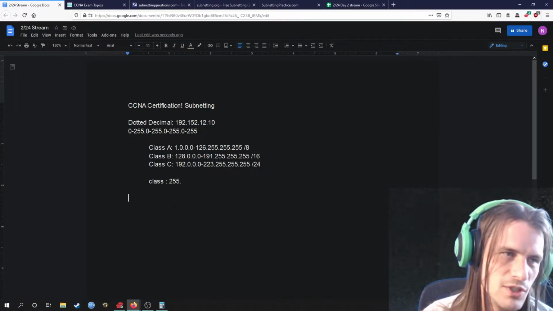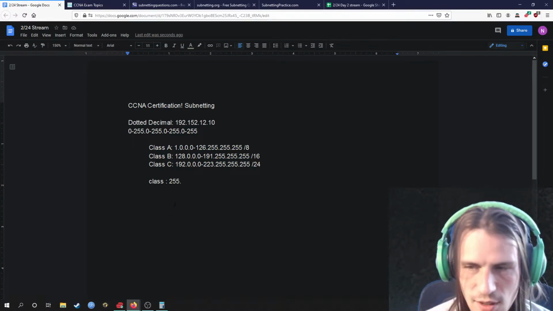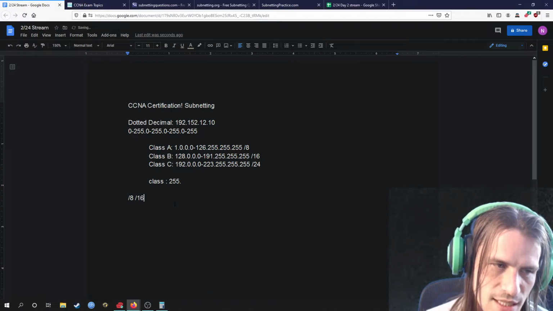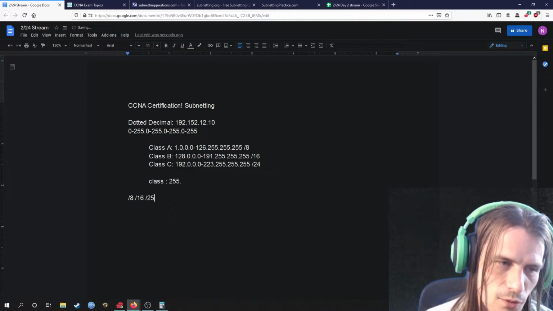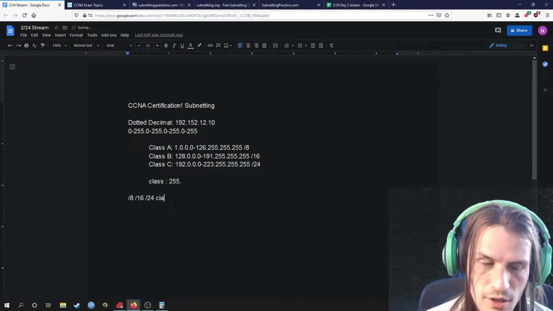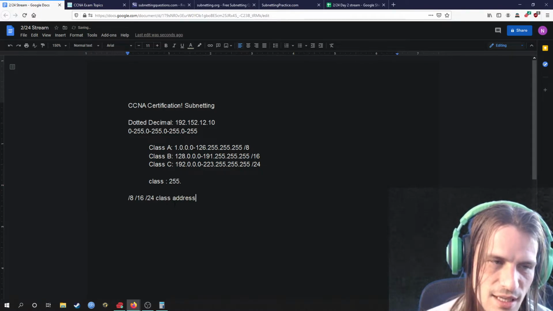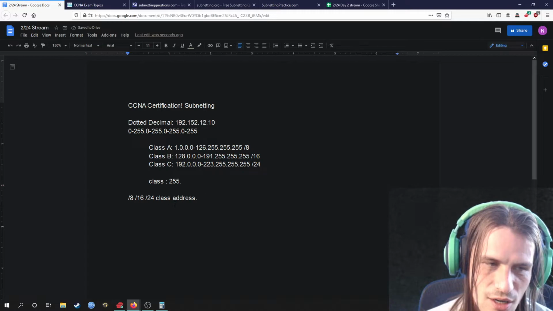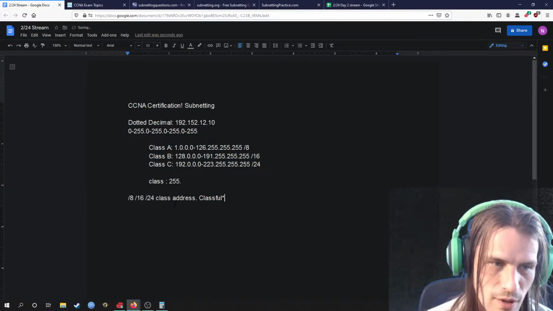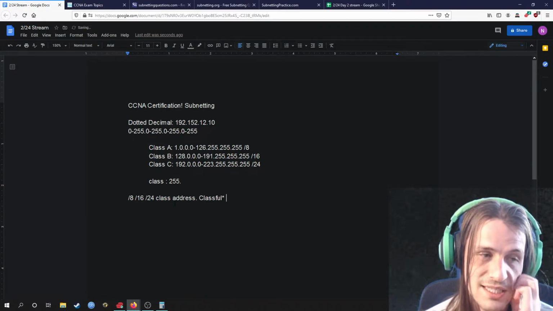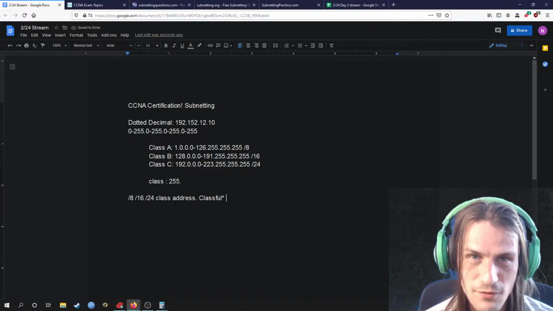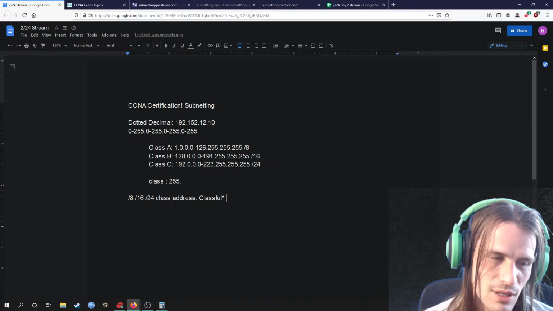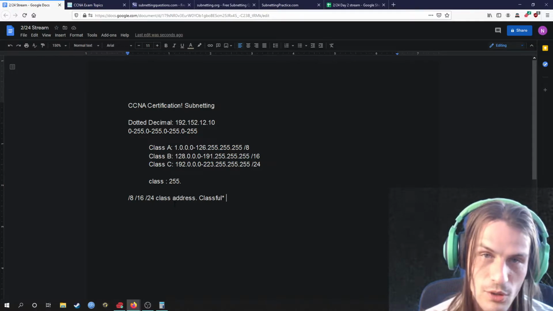Let's just go over some terminology really quick. The /8, /16, /24 are all part of the class addresses. They're named this because they are classful. What does that mean? That means they are defined by that default subnet, so you kind of know what you're dealing with.